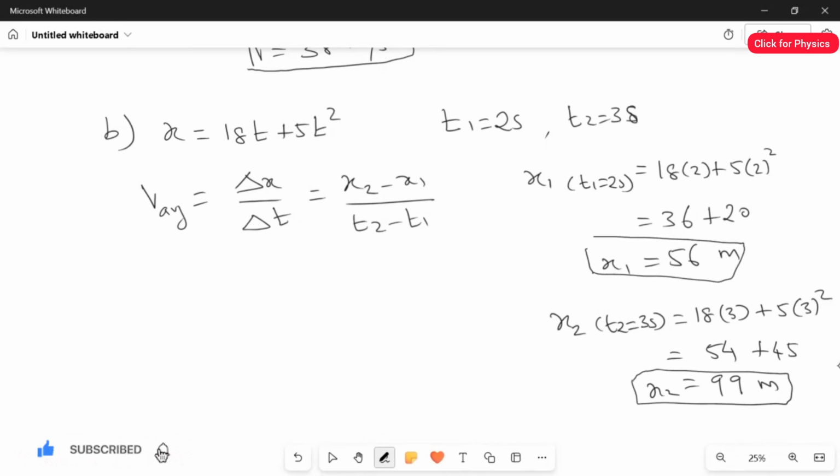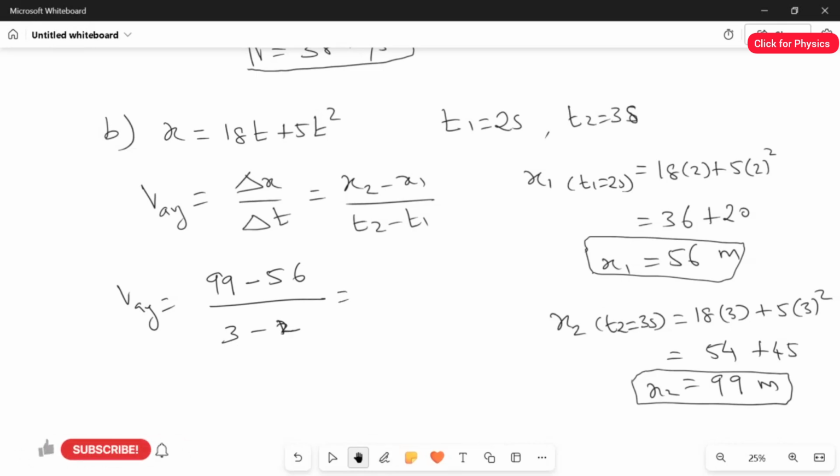Now I am going to substitute the values in this equation, x2 minus x1 over t2 minus t1. Therefore v average is equal to x2 value 99 minus 56 divided by 3 minus 2. So 3 minus 2 is 1, and here 99 minus 56 is 43.